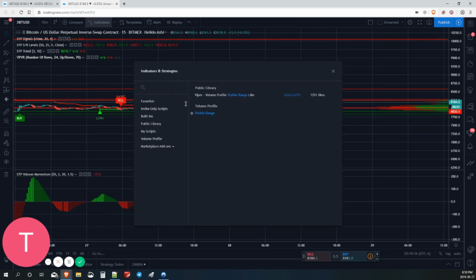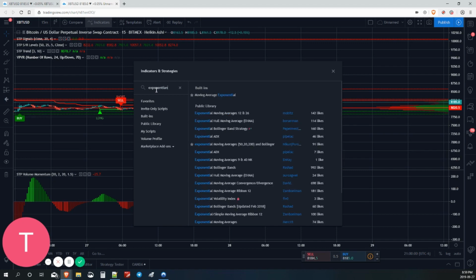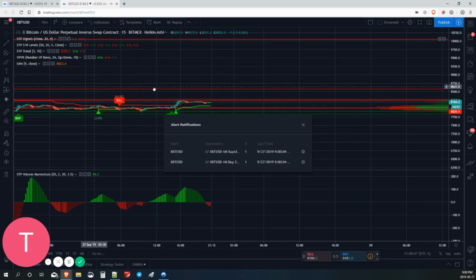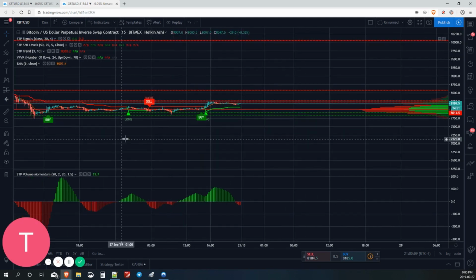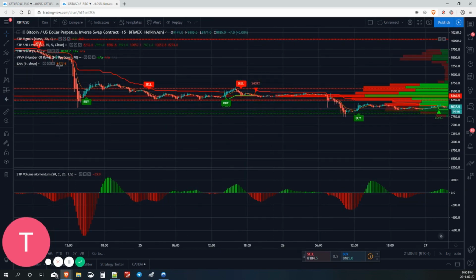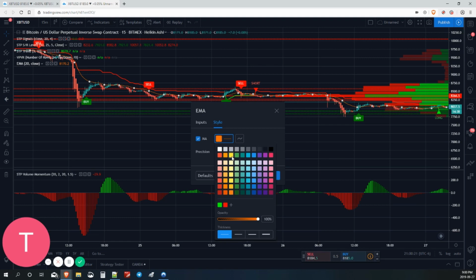The other one that I like on my chart is the moving average exponential. I like loading a 20 EMA on my chart, and let's make this one yellow.